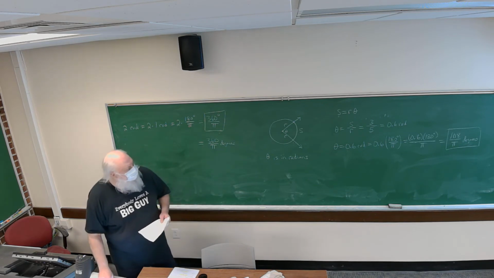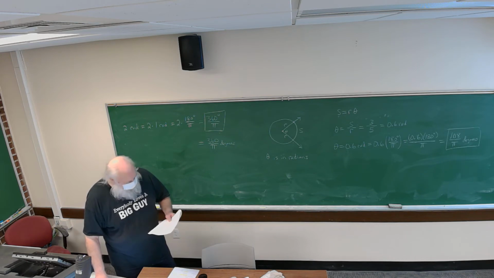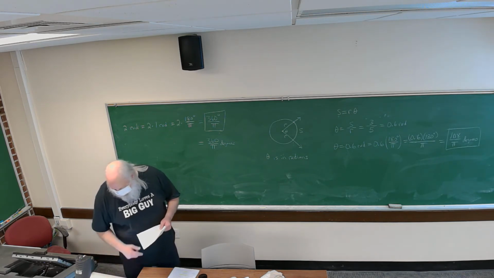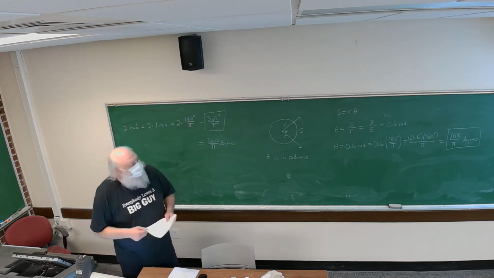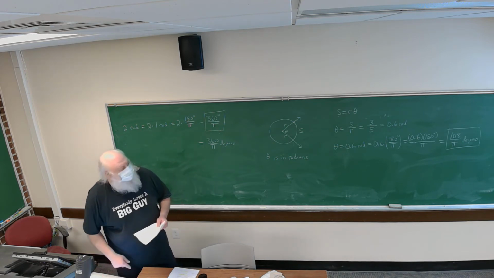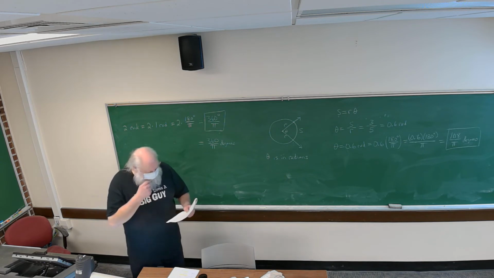All right, we have a little definition here. Two acute angles are said to be complementary if their sum is 90 degrees. Two positive angles are supplementary if their sum is 180 degrees.